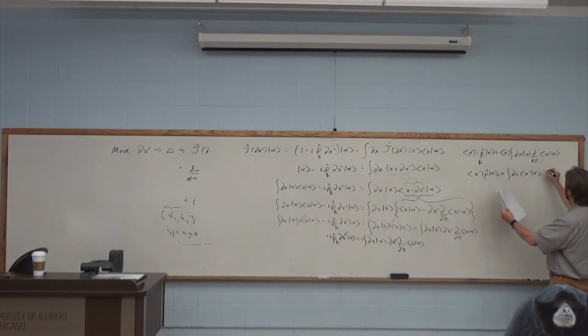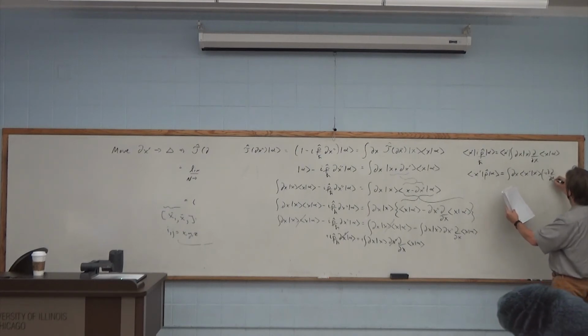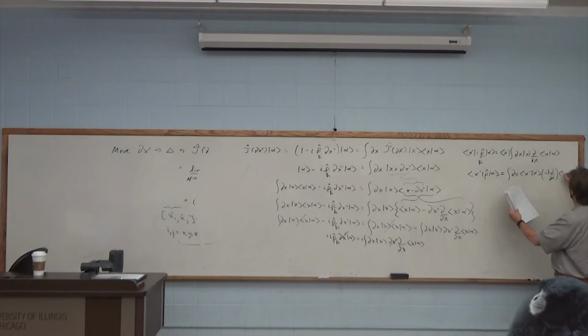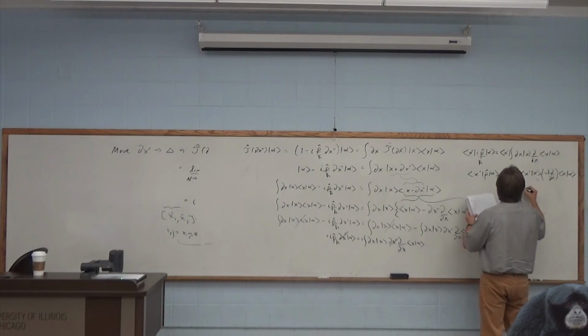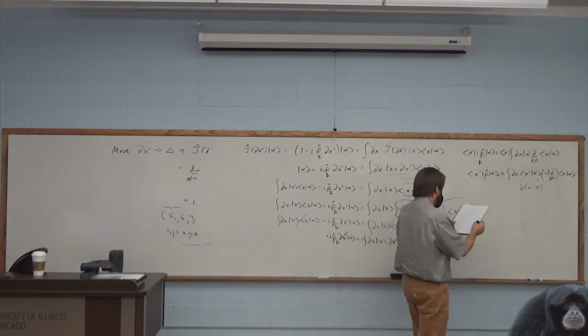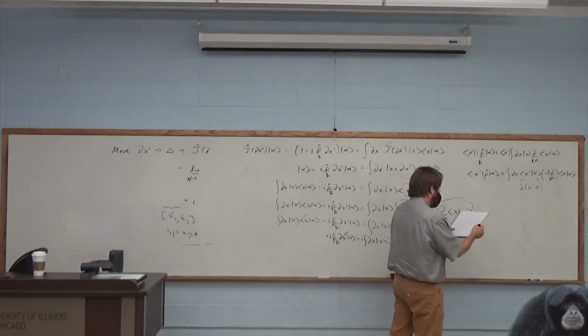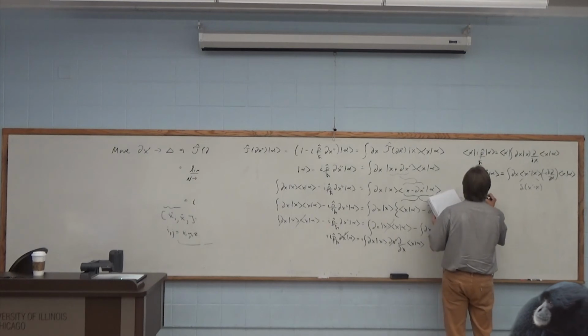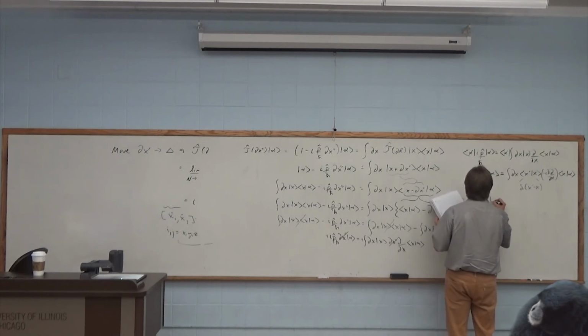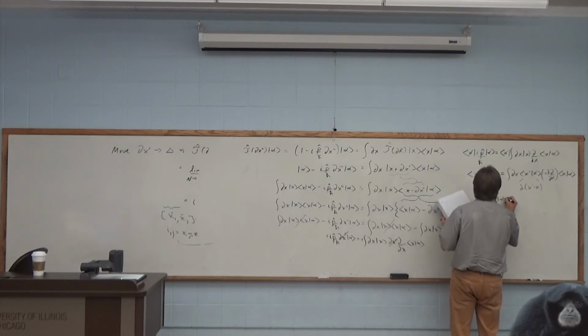So that means that I wipe out my integral. And I'll wipe out, what am I going to do? I am going to wipe out x and x prime. So now, God, this is really awful, isn't it?